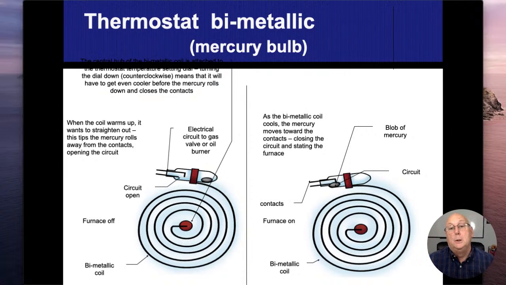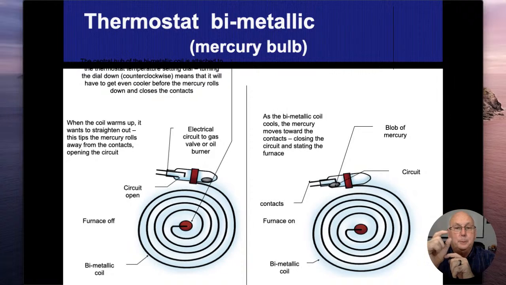All right. So old school stuff, the old coil thermostats with the mercury bulb in there. Basically, it's a piece of metal that works off the principle that when something gets hot, it expands. When something gets cold, it shrinks. So if I take that piece of metal and spin it around like we're seeing here, as it gets cold, it's going to rotate and start to close.